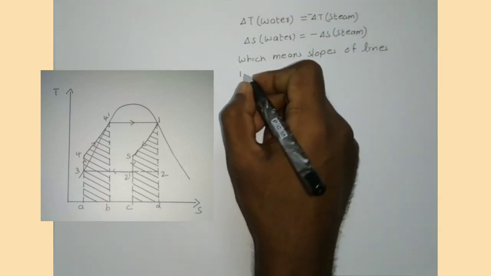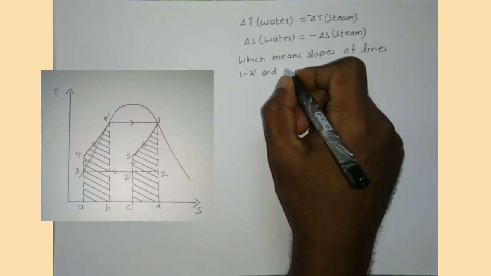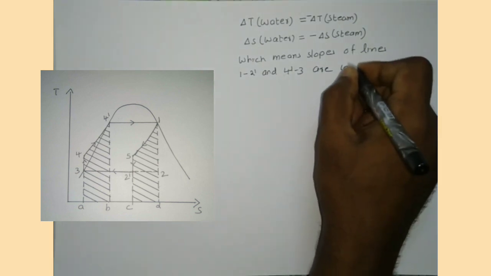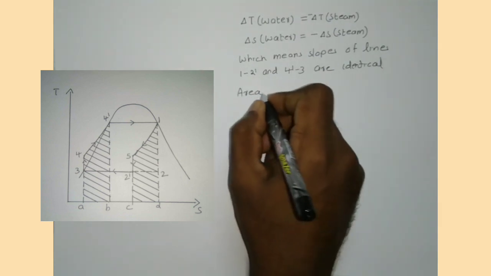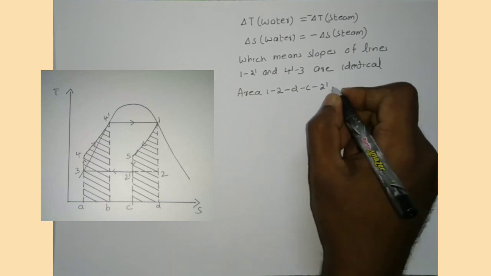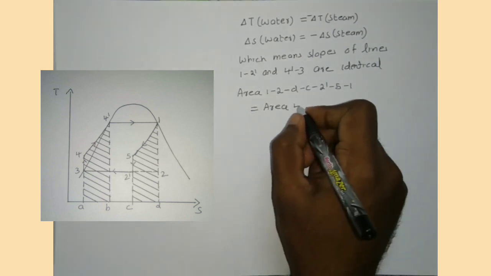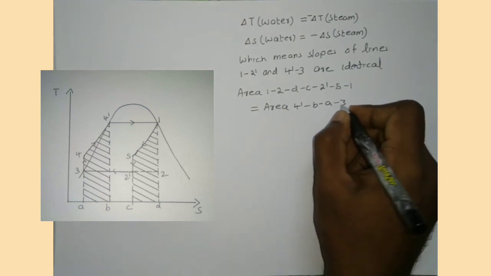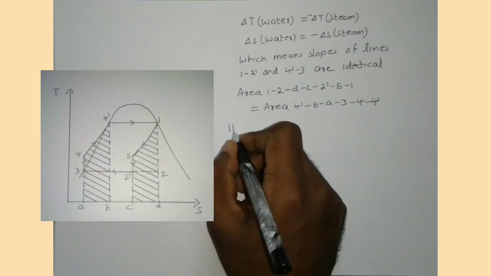Which means slopes of lines 1, 2' and 4'3 are identical. That is, area 1, 2DC 2'51 equals area 4'BA 3, 4, 4'.